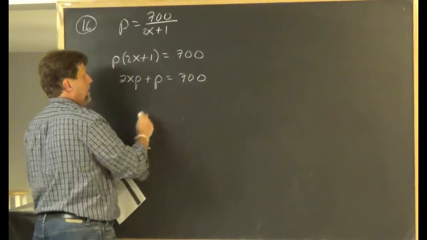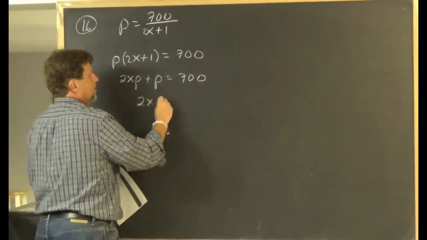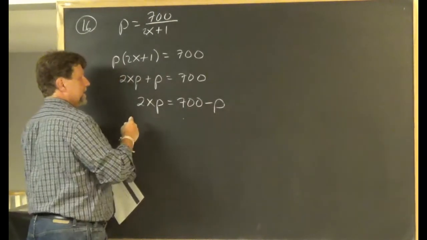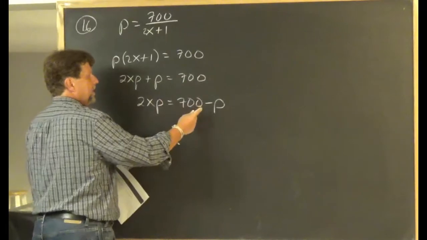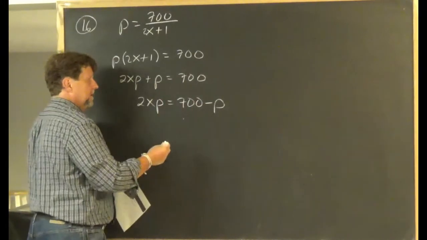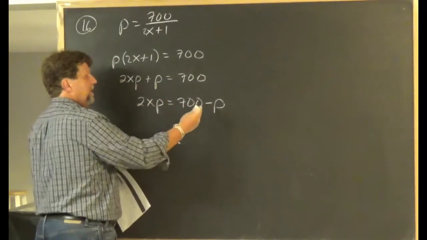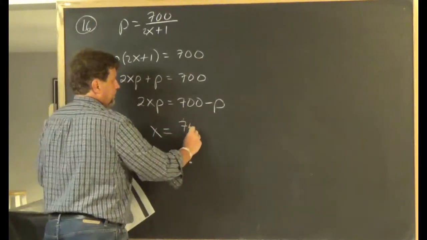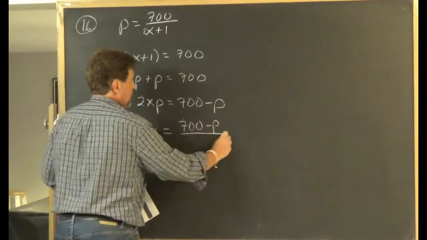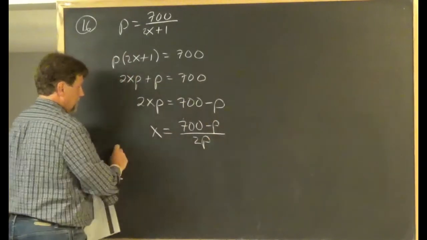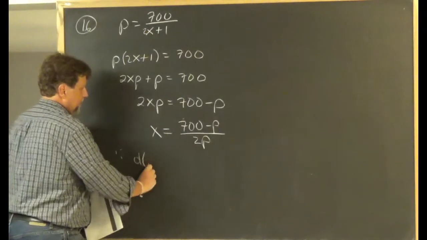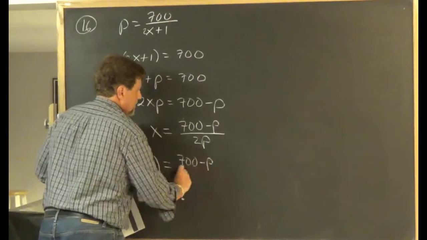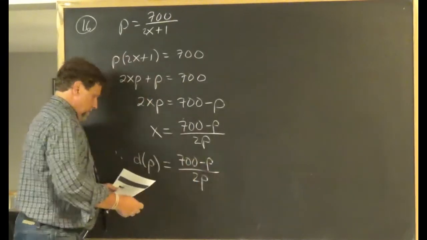Then I'll subtract p from both sides. And then my next step is to divide both sides of the equation by 2p. So I divide the left side by 2p, I divide the right side by 2p, and I get x equals 700 minus p over 2p. So we have determined that the demand function is 700 minus p over 2p.